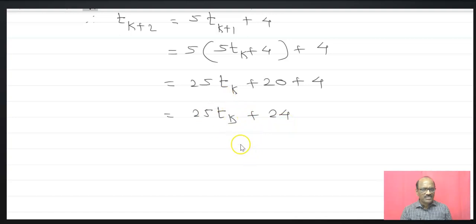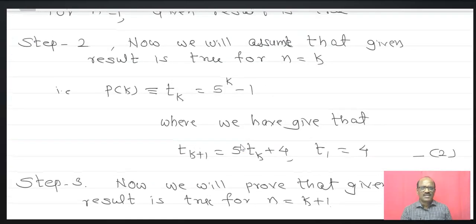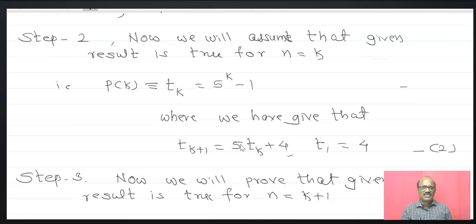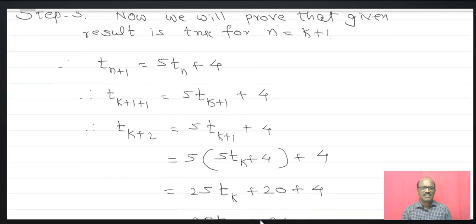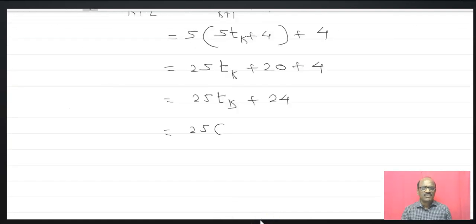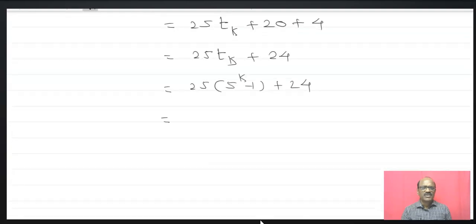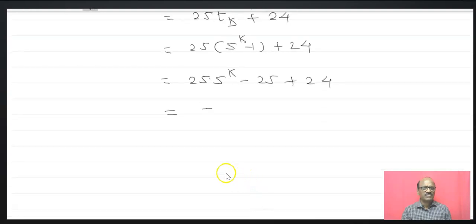But again, what is the value of t_k? t_k is 5 raised to k minus 1. That is 25 times (5 raised to k minus 1) plus 24, and now this is 25 times 5 raised to k minus 25 plus 24.